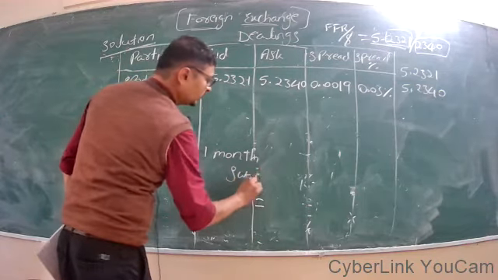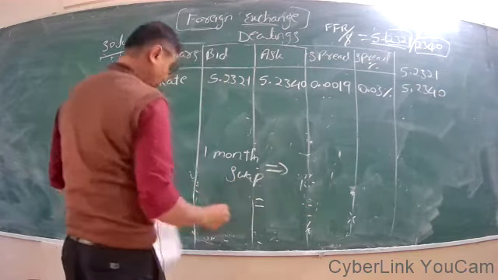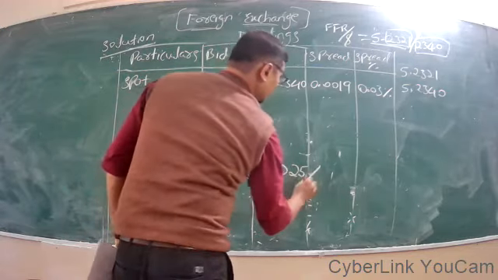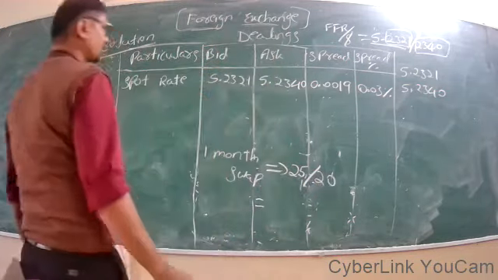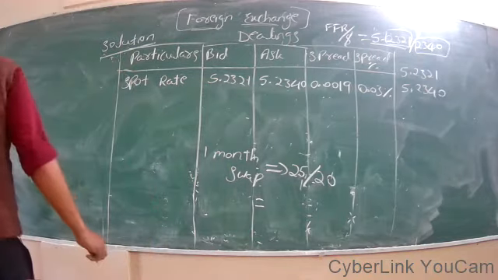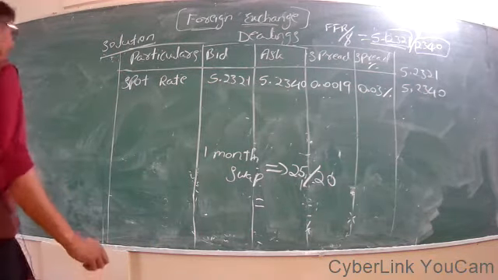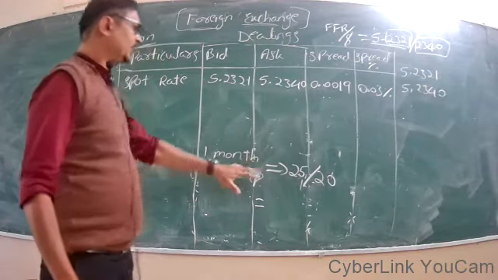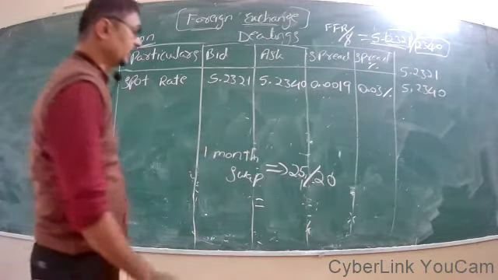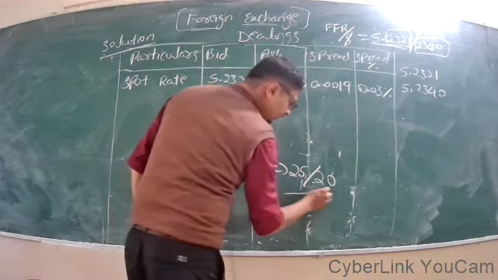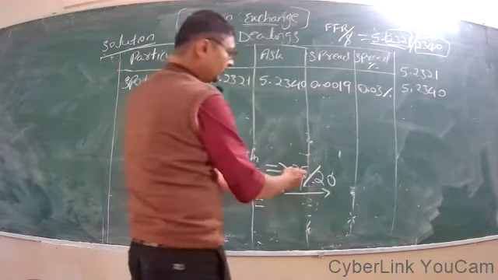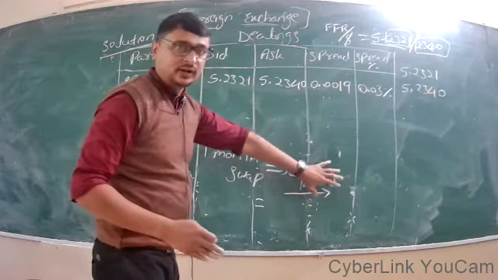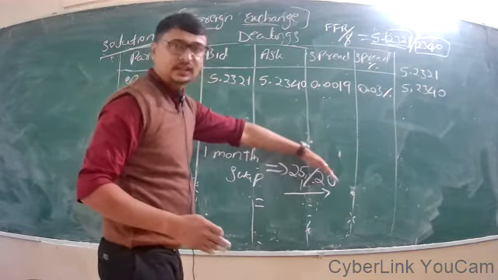Then they have given the 1 month swap rate. The 1 month forward point or 1 month swap point given in the problem is 25/20, right? While reading from left to right, 25 and 20. So 25 is greater than 20. That is, it is in a decreasing way, right?